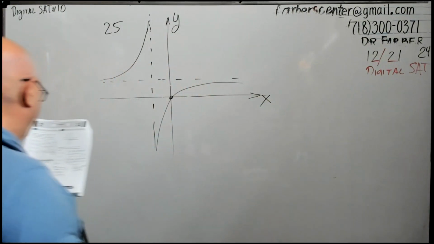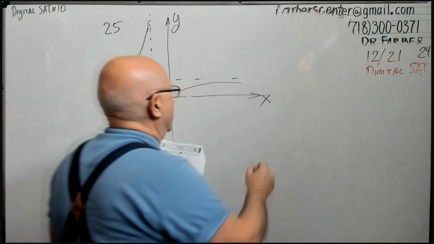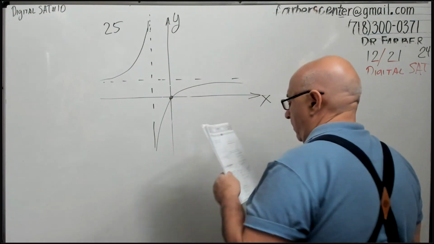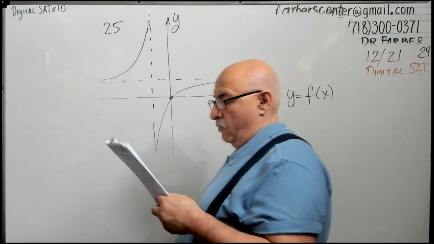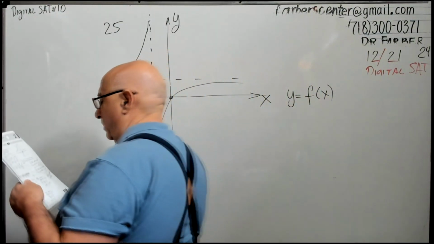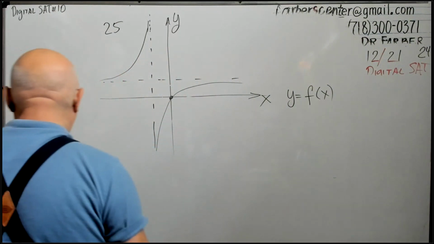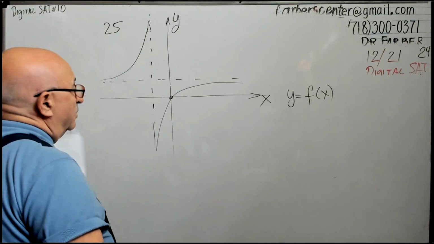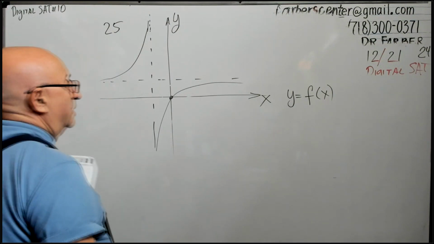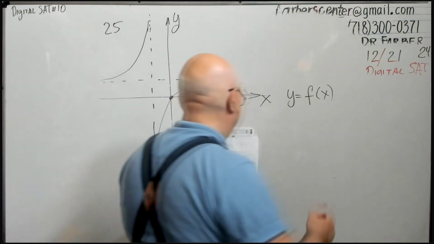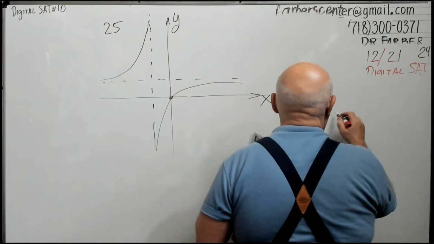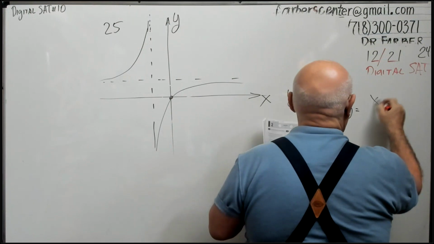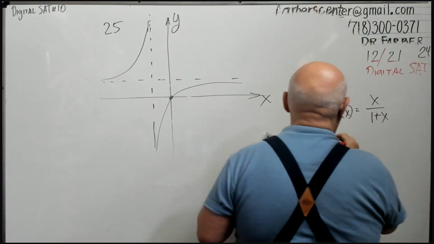And what is the question? They said this is y equals f of x. Which of the following should be the function? Since it's not calculus, I'll write some answers here, multiple choice. A, f of x equals x divided by 1 plus x.